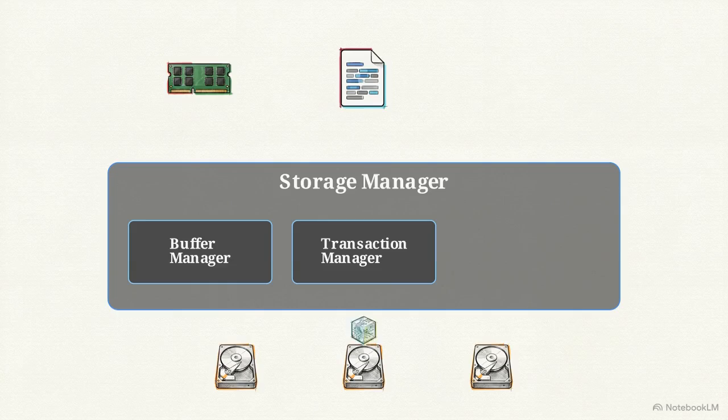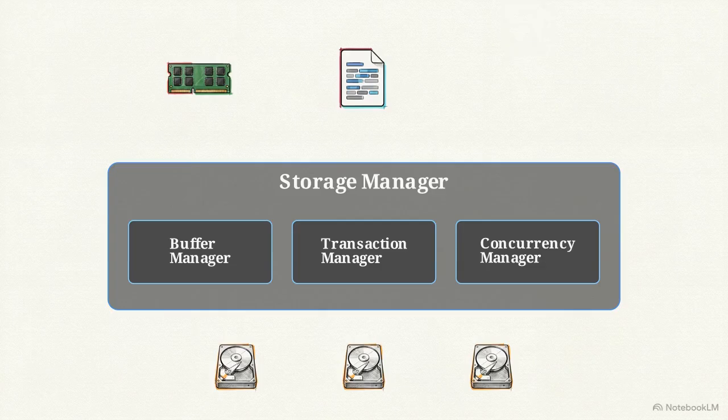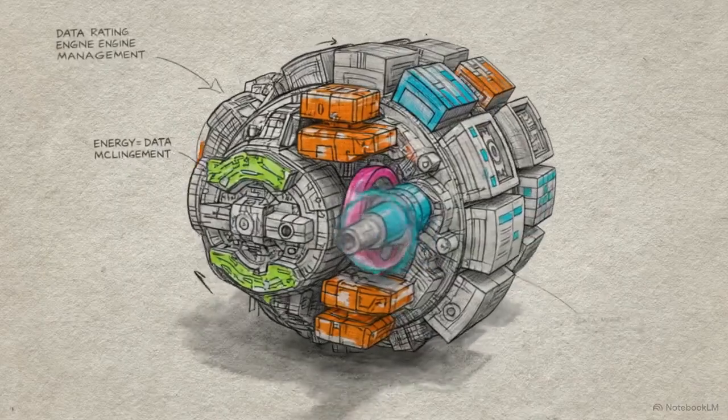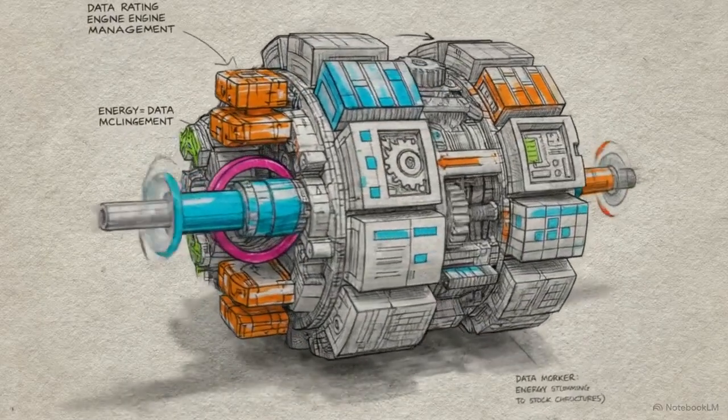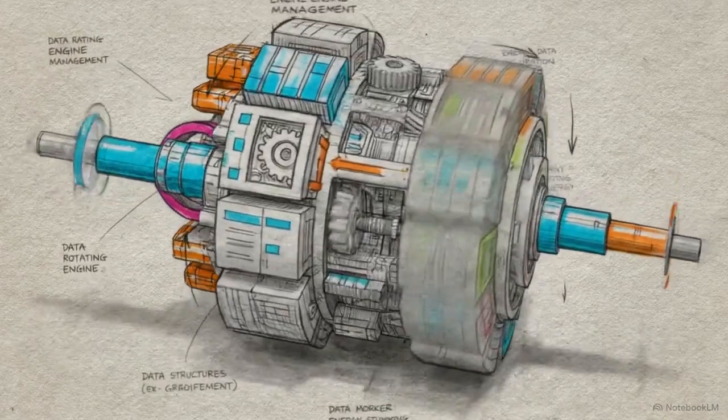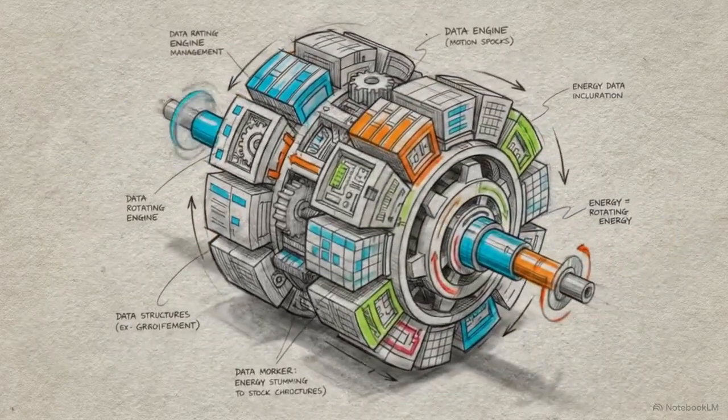To ensure that mid-operation crashes don't wipe out a funds transfer, the transaction manager enforces atomicity and durability, logging actions so the system can recover to a consistent state. And to prevent the race conditions we saw during course registration, the concurrency control manager actively supervises simultaneous transactions, locking records to maintain data integrity. This deep engine architecture is what allows a DBMS to abstract away the physical realities of hardware limitations and concurrent access.